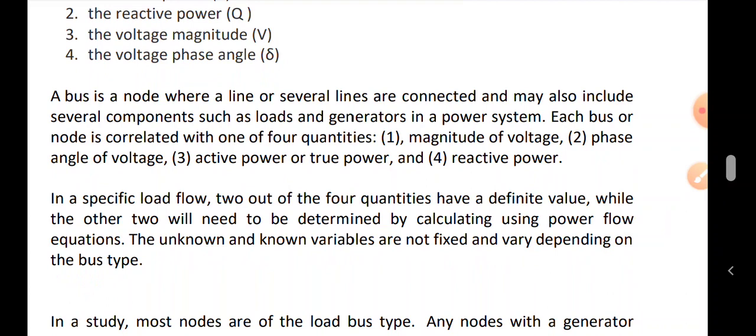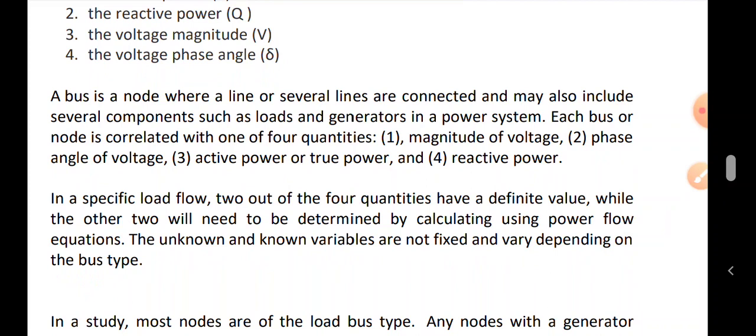In a specific load flow study, out of these four quantities, two quantities have a definite value, while the other two, which are not definite, are determined by calculating the power flow equations. So the unknown and known variables are not fixed and vary depending upon the type of the bus.